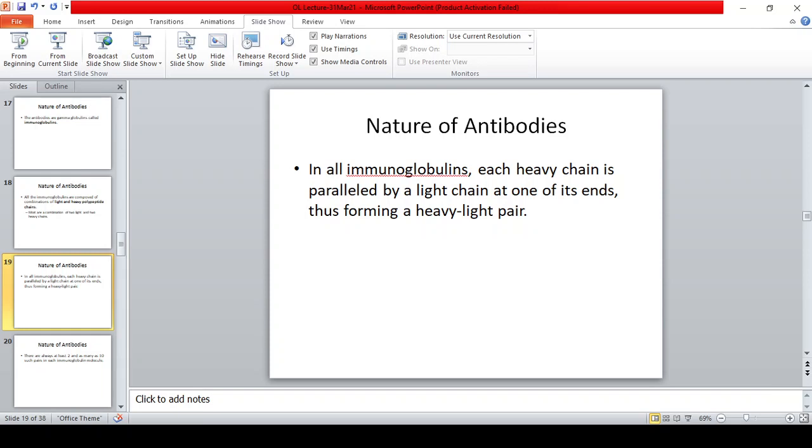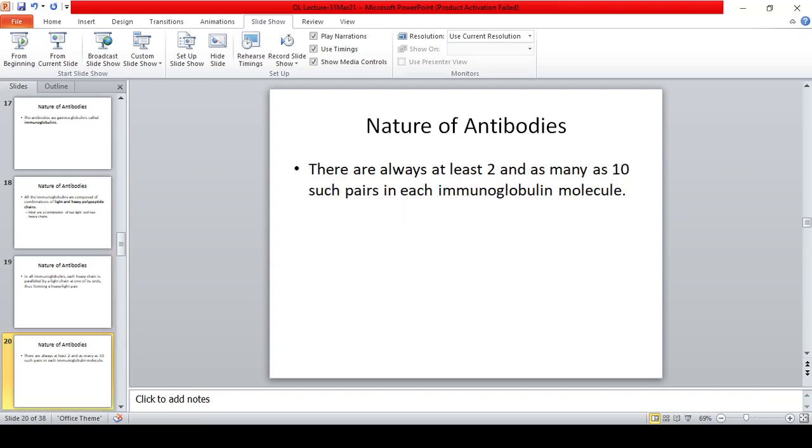In all immunoglobulins, each heavy chain is paralleled by a light chain at one of its ends, thus forming a heavy-light chain pair. So there are always at least 2 and as many as 10 such pairs in each immunoglobulin.